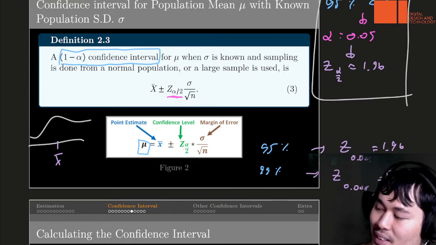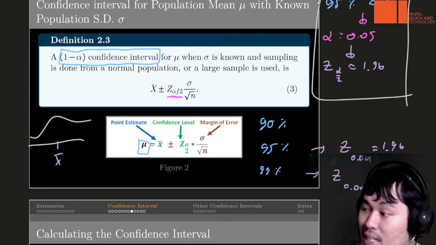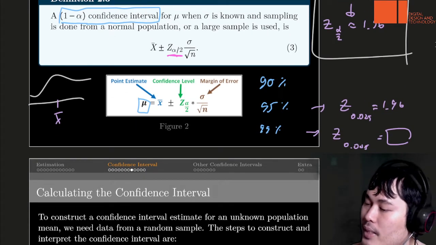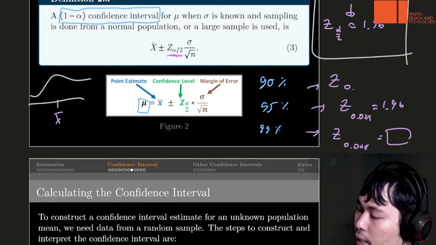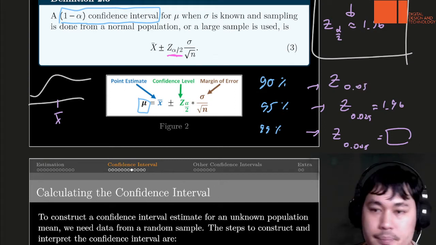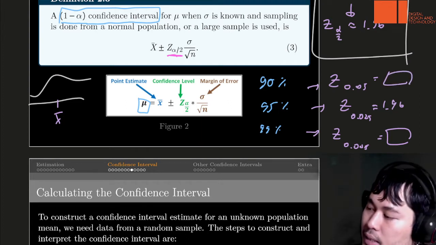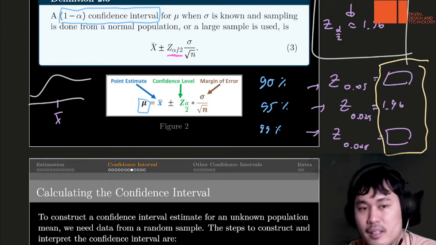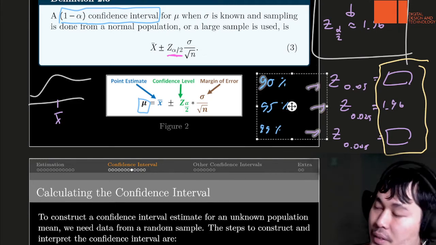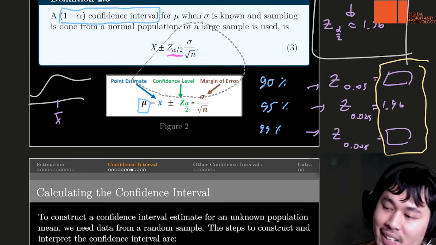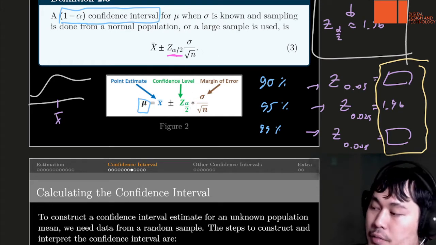And sometimes you want to be less confident, to get a narrower range, and then of course they're going to give you another one here, 0.5, another confidence level. In practice, these three numbers are enough for you to compute the popular confidence interval. But in theory, the formula can be derived for any size of confidence interval.